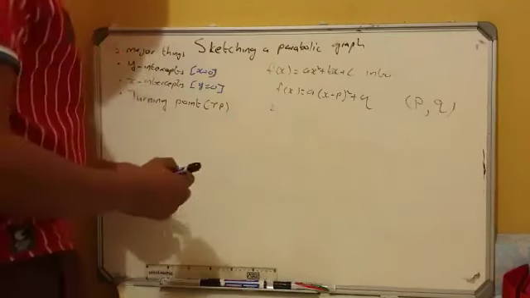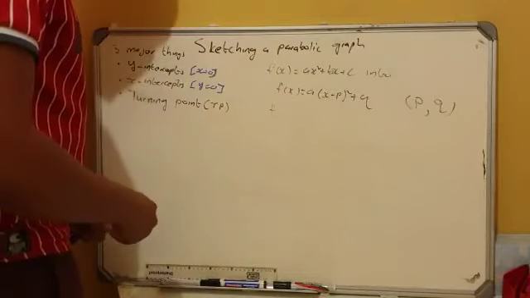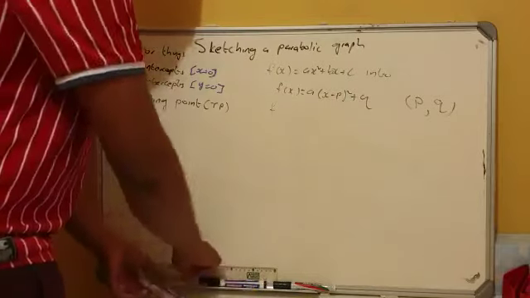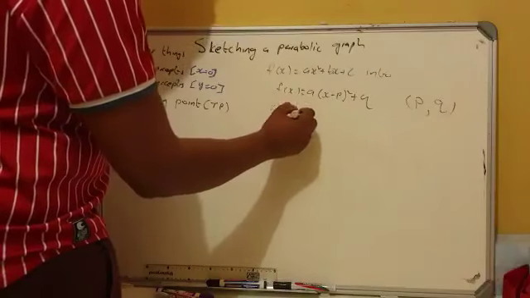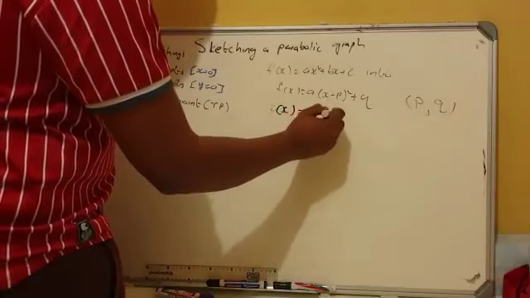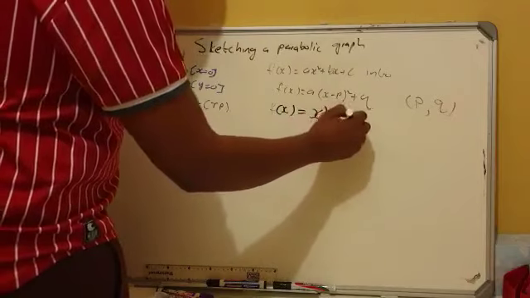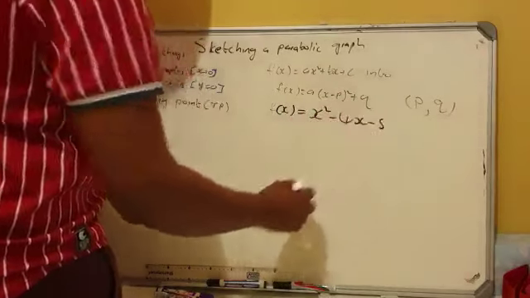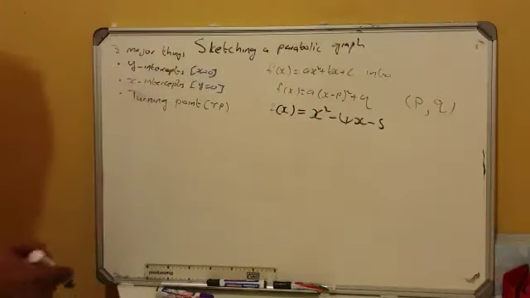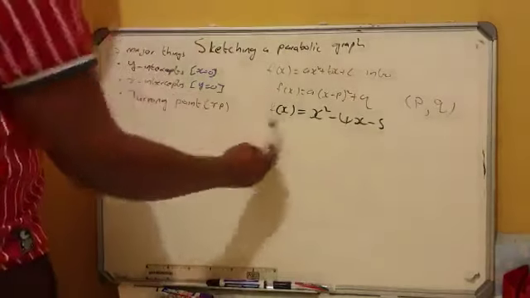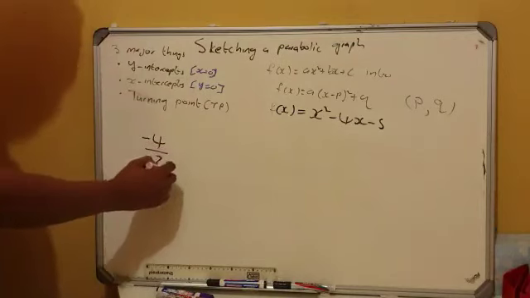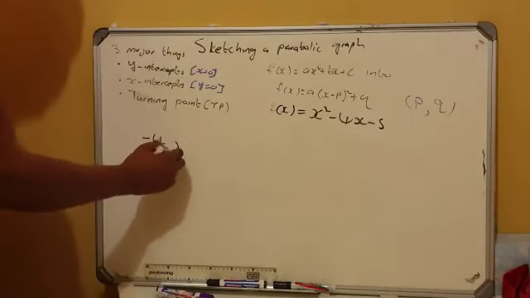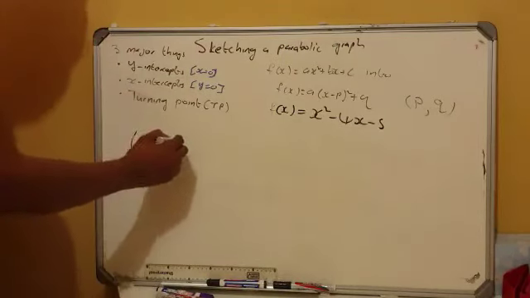Remember the equation. Let me just find something that is clear. f of x is equal to x squared minus 4x minus 5. So you must take the middle term, which is minus 4, divide it by 2 all the time, and square it.